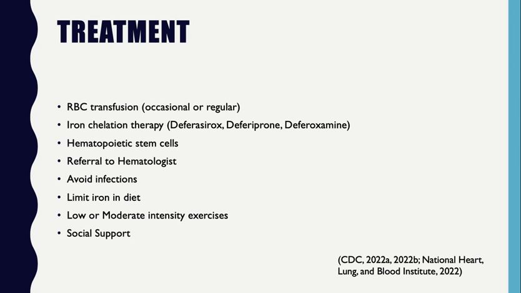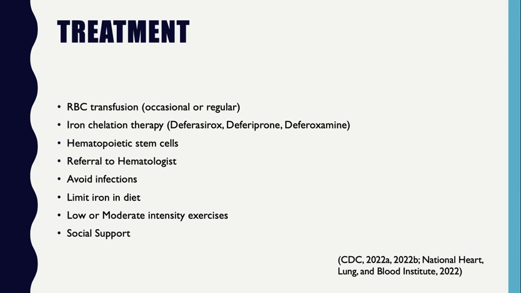Now, iron chelation therapy is something that both parties are going to need. And here listed are just some current medications being used for chelation therapy that are PO, they're pills by mouth. Another treatment option would be the stem cells, helping you to make healthy red blood cells.